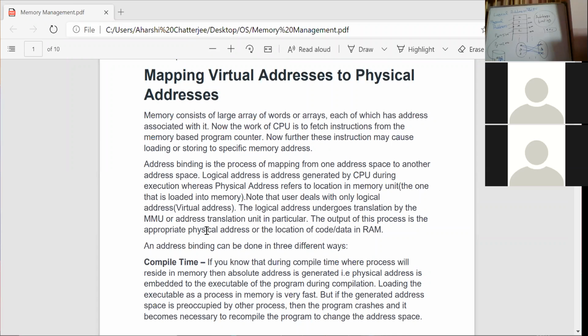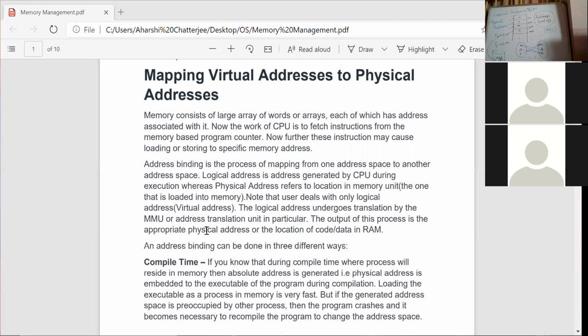CPU knows the logical address of this X. CPU mentions that address to the operating system.